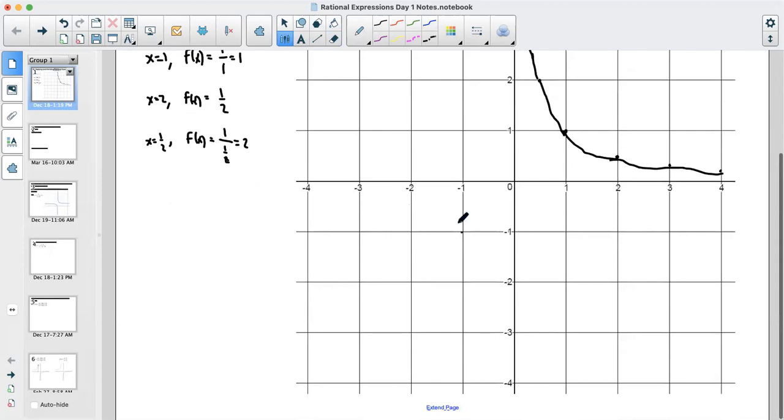And you get another one down here that looks a lot like that. That looks like a hard turn, but let's make that a little bit better. You get these two smooth branches that look like this. And there's always two of them.